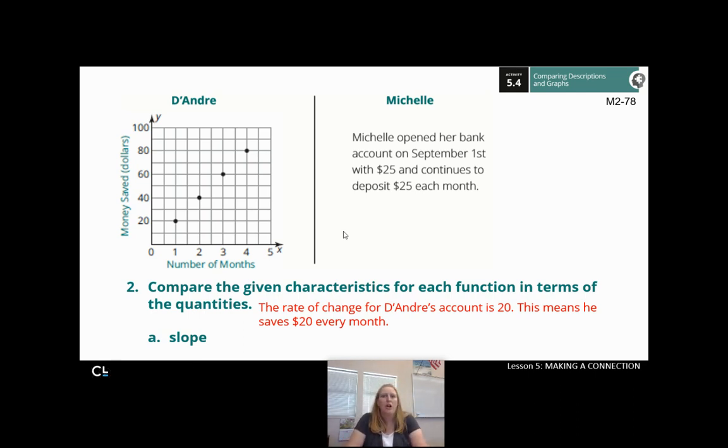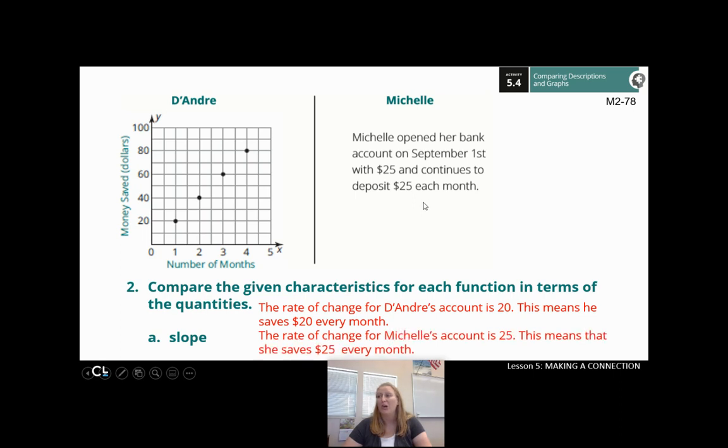This means he saves $20 every month. Good job, man. And so if DeAndre's slope or rate of change is $20 a month, take a look at Michelle. It looks like it says she's depositing $25 each month. So I'm pretty sure that means Michelle's rate of change or slope is 25 because she saves $25 every month.